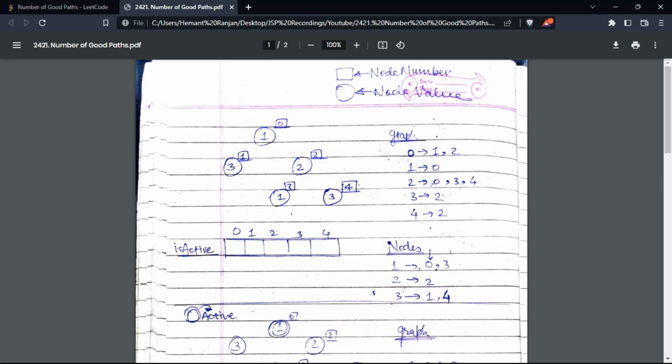I hope you are getting my approach: if we write the nodes in this manner, they are all sorted, and if we go in increasing order, that would be our solution.